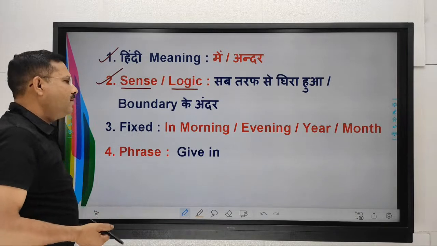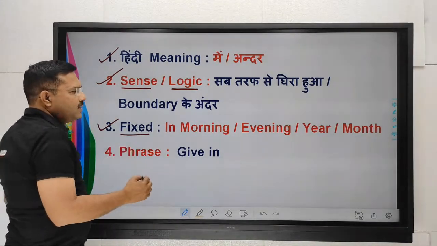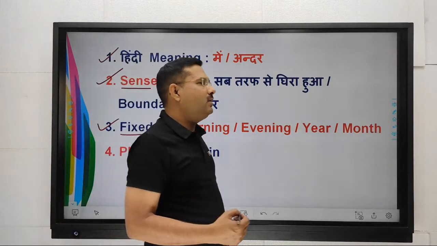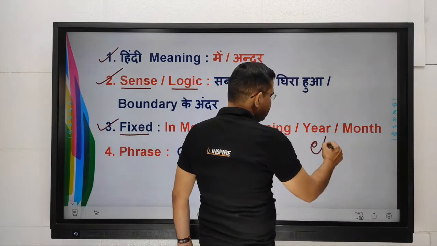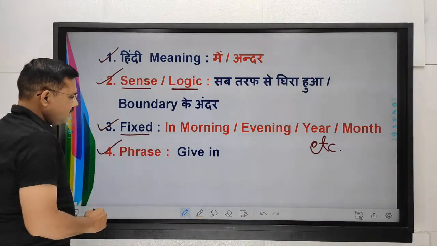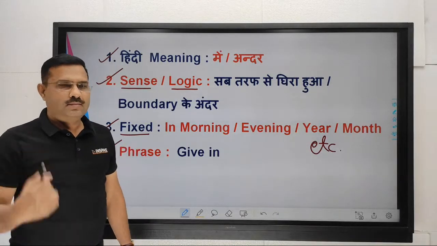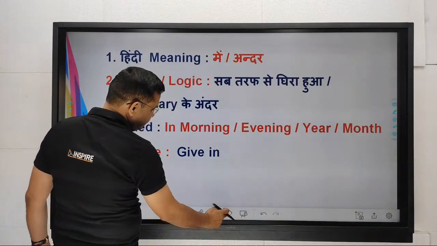And third, it is fixed somewhere, like morning, evening, year, month, etc. A number of things are there where in is fixed. And fourth, this in makes phrases. So this is the explanation about in.